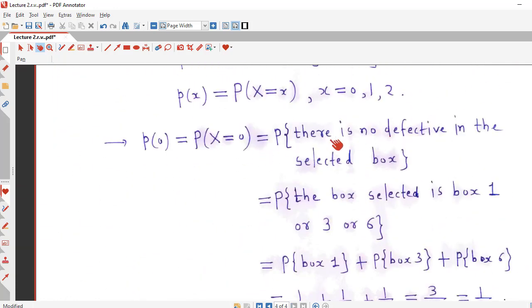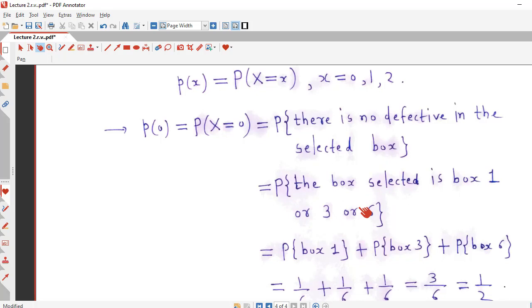So this event, there is no defective component in the selected box, is equivalent to this event. Which event? The selected box is either box 1 or box 3 or box 6.